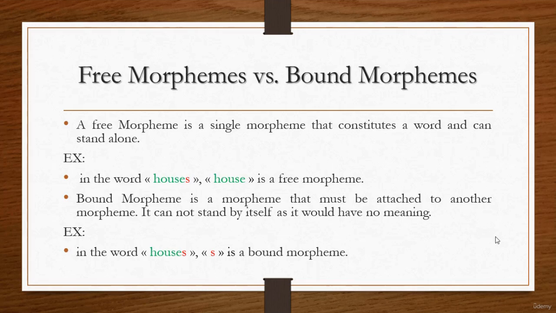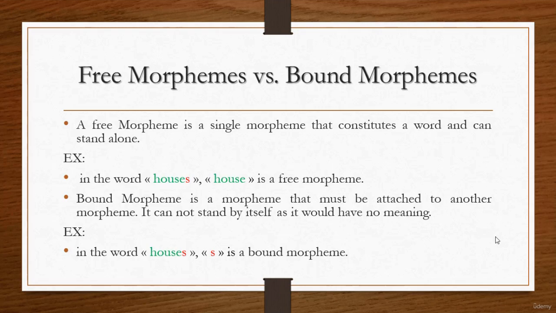Now let's talk about the bound morpheme. A bound morpheme is a morpheme that must be attached. Focus on this: it must be attached to another morpheme. It is subordinate, dependent on another morpheme. It cannot stand alone by itself, as it would have no meaning. For example, in the word houses, the noun house alone is a morpheme, and the s is a morpheme. House is a free morpheme, and the s is a bound morpheme.